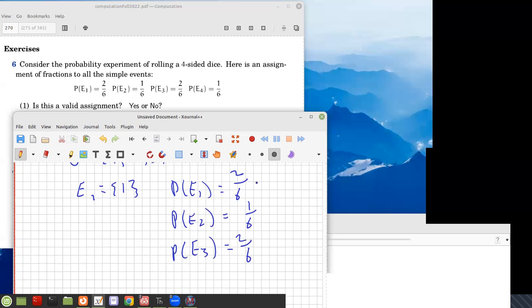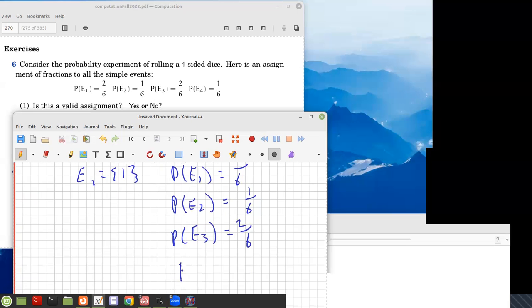Of course, I'm writing this so they're all over the same denominator. And the probability of E4 equals 1/6. You might have expected that the fractions would all be the same, and that's what you'd expect for a fair dice.